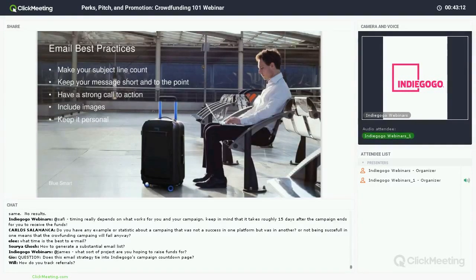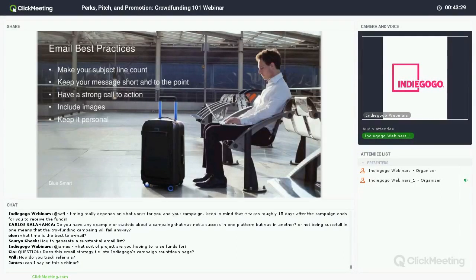Include an image of the product. Include an image of whatever it is you're working on. If it's a film, include some really great teaser photos, something along those lines, or maybe photos from the set, a storyboard, something like that, and keep it personal. This is huge too. In terms of the different spheres of your audience, your personal network, you want to be writing personal emails to people.